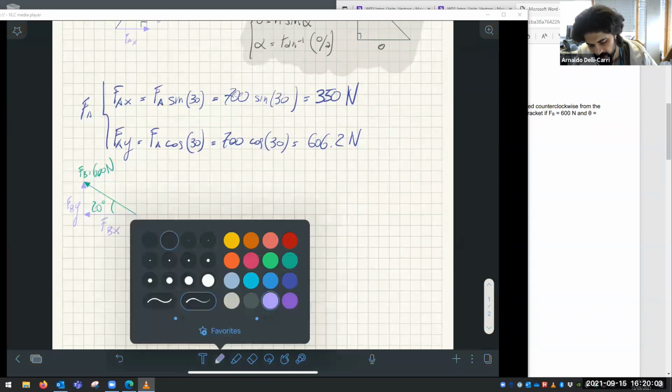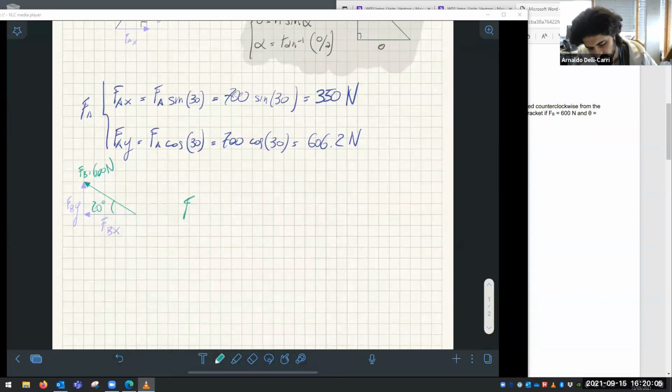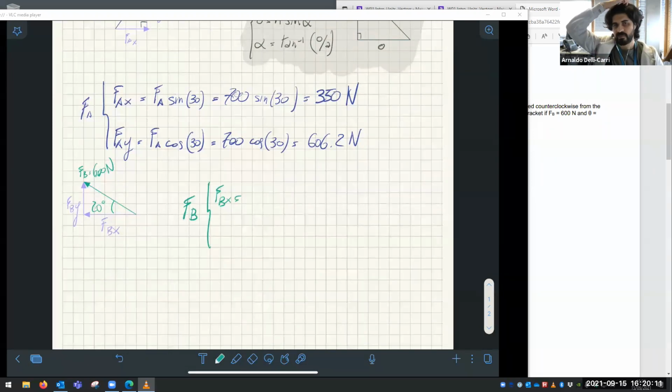So FBX is sine or cosine? Cosine. So FBX is adjacent to the 20 degrees angle, adjacent. So that means we are using the hypotenuse times the cosine of 20 degrees this time because it's 20 degrees.